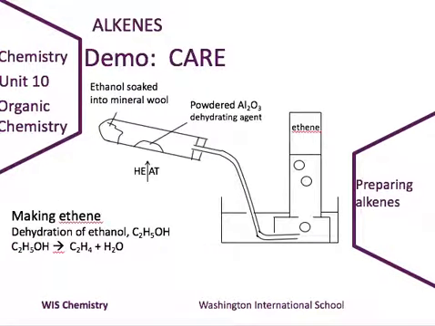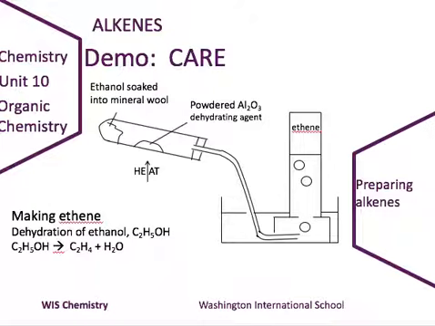And here's the apparatus. Powdered aluminum oxide is in the middle of the test tube, closer to the mouth. That's heated, and a tiny amount of heat is given to the ethanol soaked into mineral wool, because if you heat that strongly, it won't react with cold aluminum oxide. So heat the dehydrating agent first.